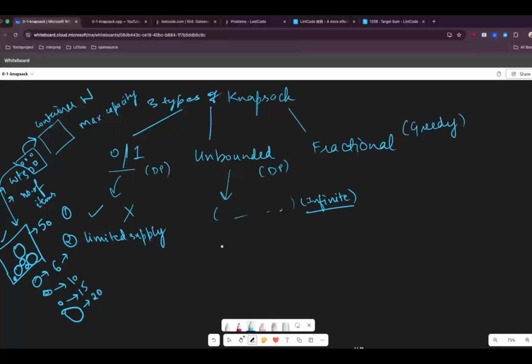Like for 6 weight, say if we take product IDs, there is some X ID, and stones are there. So here also the weight is 6, fine. Then there are some X items, and here you can use them an infinite number of times and put whatever weight will be there.